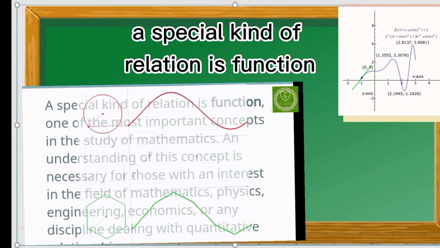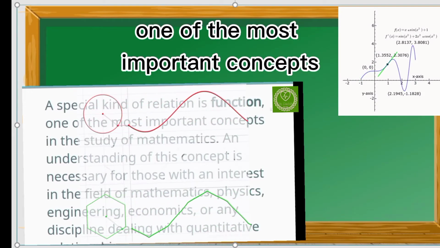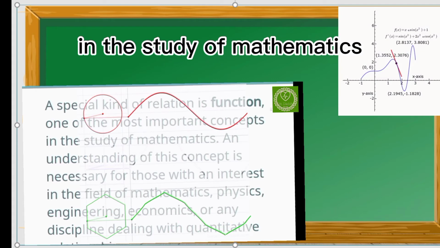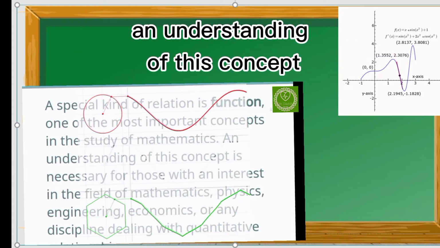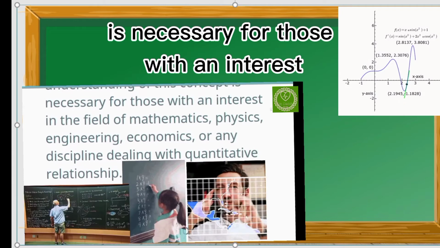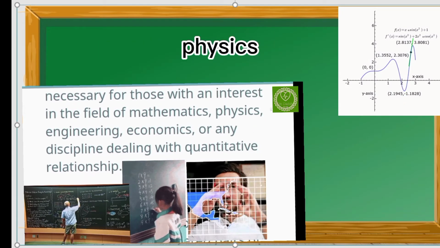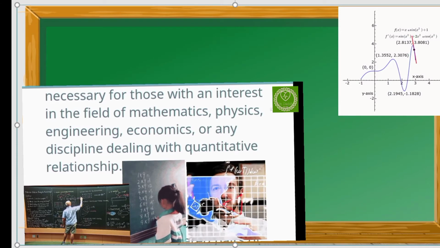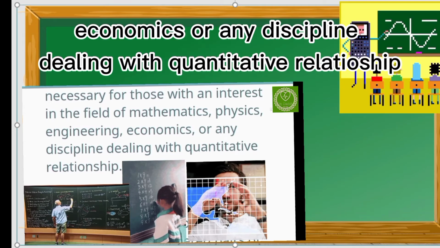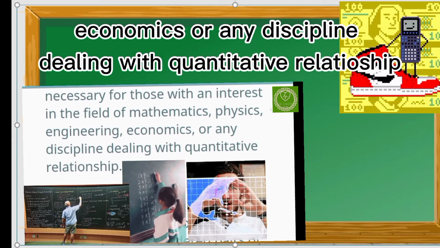A special kind of relation is function, one of the most important concepts in the study of mathematics. An understanding of this concept is necessary for those with an interest in the field of mathematics, physics, engineering, economics, or any discipline dealing with quantitative relationship.